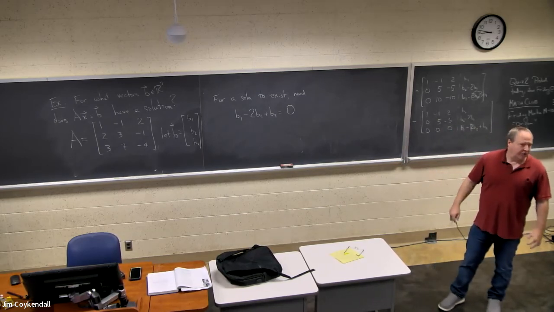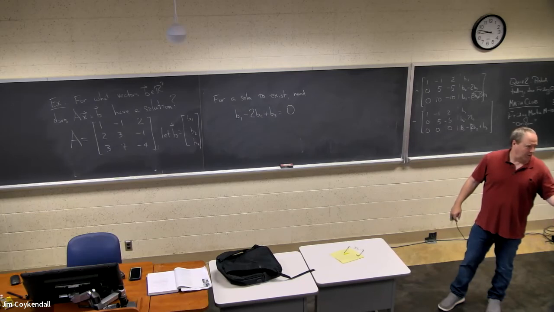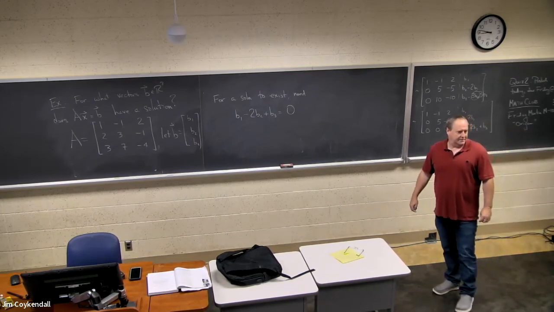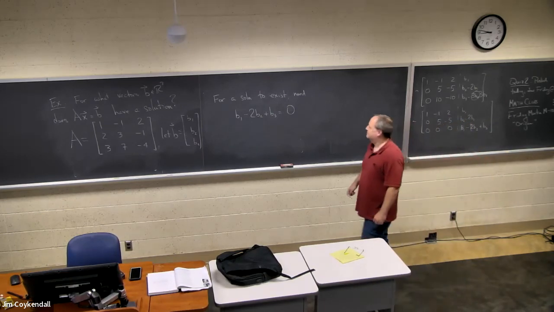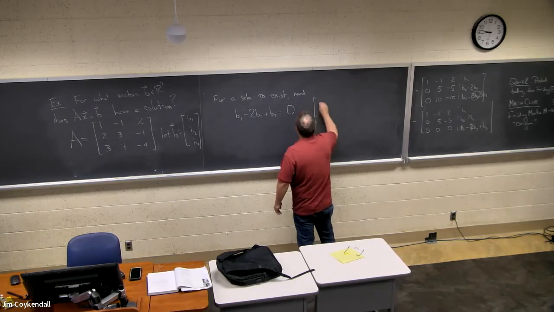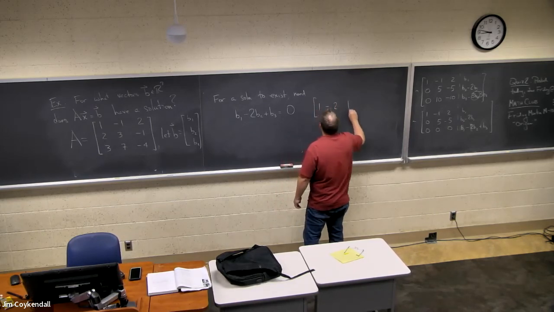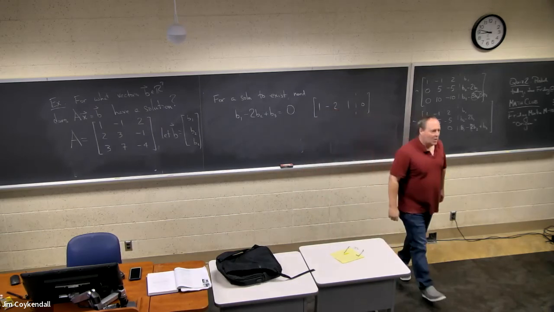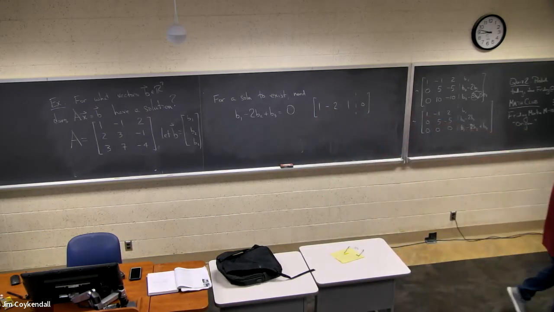If I were to solve the single equation, notice I've got one equation, 3 variables. How many free variables do I have? Well, look at the augmented matrix. What's the row reduced echelon form? Already there, right?